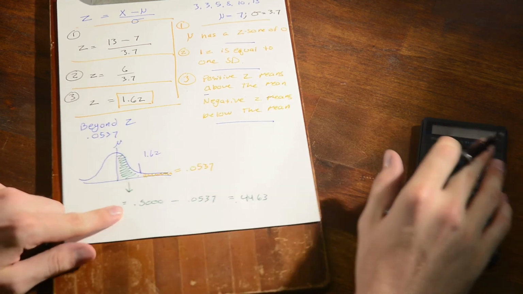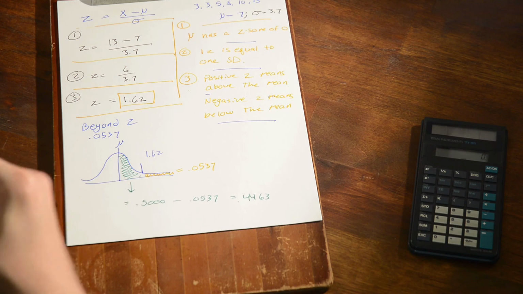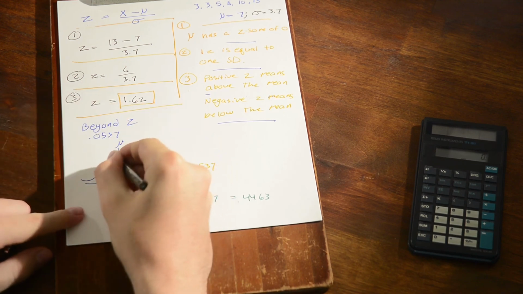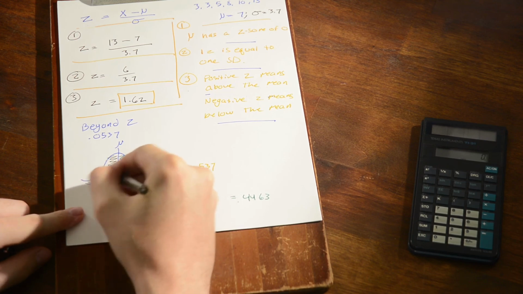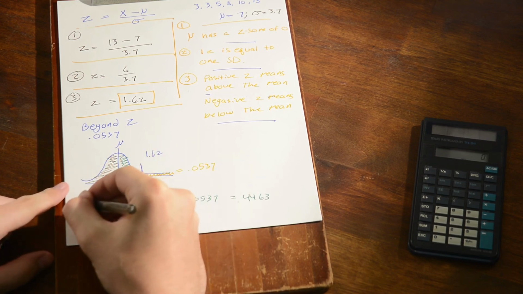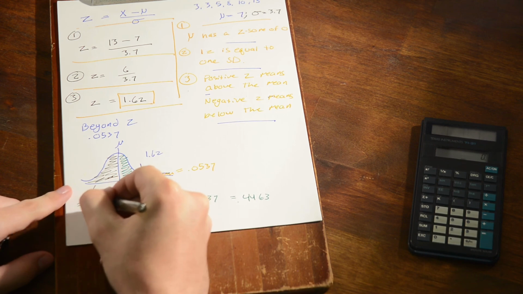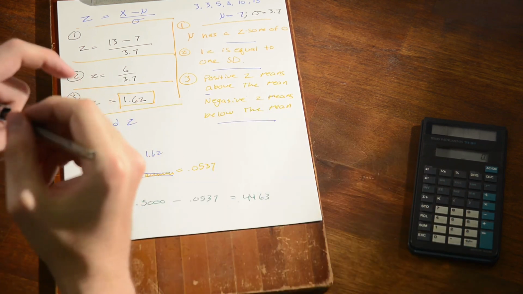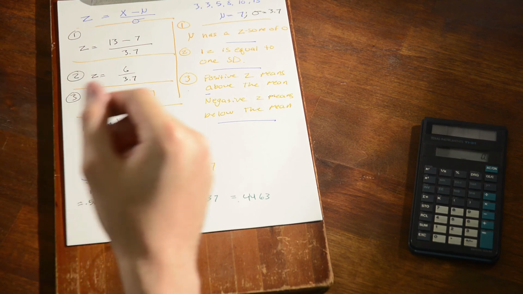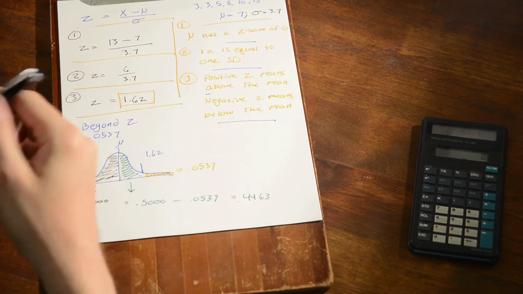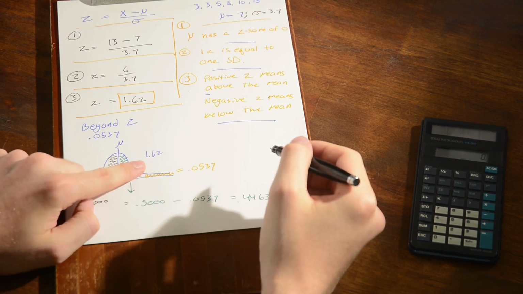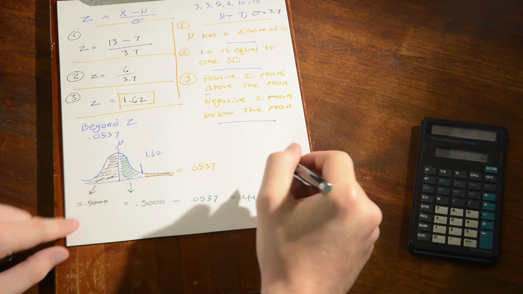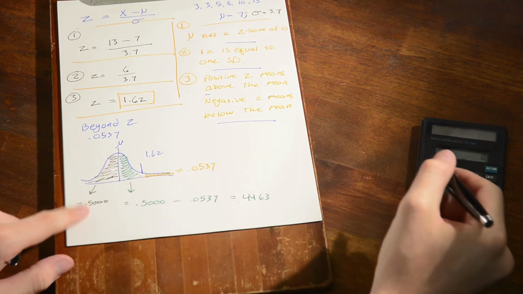However, this means that we have this whole part that's unexplained. We have this. This is equal to 0.5000. It's the whole area below the mean. So this means that the z-score of 1.62 is above 0.5 from here, the area that's below the mean.